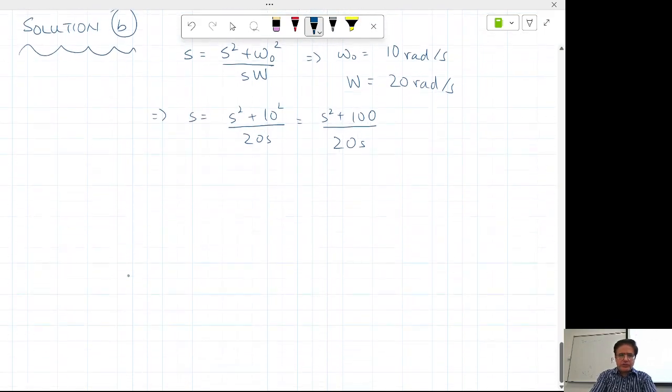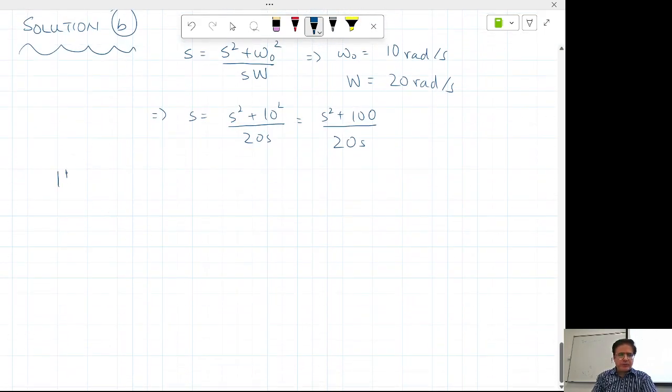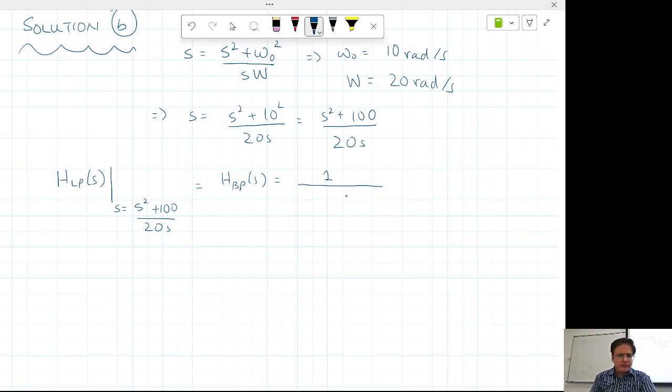So all I need to do is take my low pass prototype filter and replace S with S squared plus 100 over 20S to get my band pass filter, which is 1 over, in place of S, S squared plus 100 over 20S, plus 1, right?